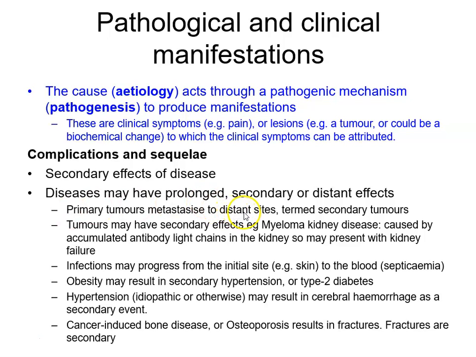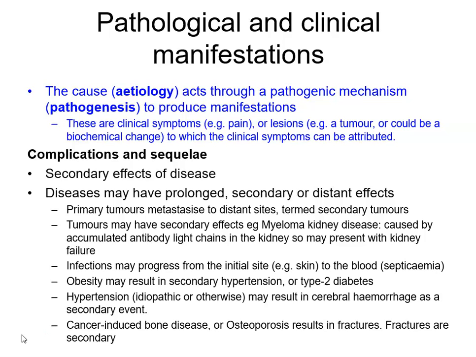They metastasize to distant sites, and we call these secondary tumours. Tumours may also have secondary effects on distant sites. So for example, myeloma kidney disease caused by the secretion of antibody light chains, which can cause kidney damage. So myeloma kidney disease would be classed as secondary disease to the initial disease, which is myeloma, for example.